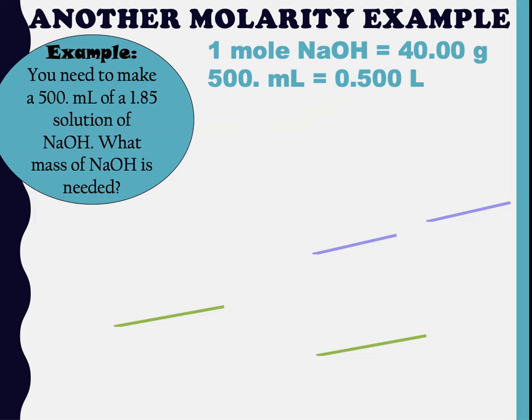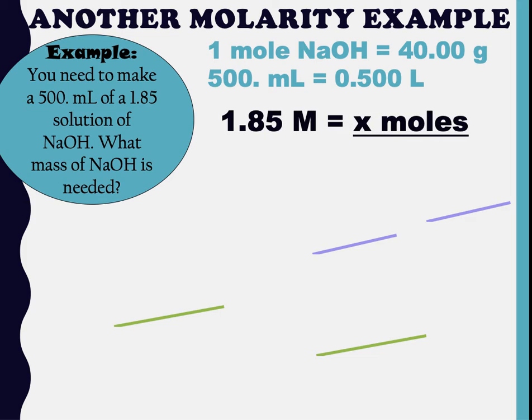There should be a capital M after the 1.85. Because we want to know mass, and the molarity equation only gives us moles, we know we're going to need the molar mass of sodium hydroxide. That's this 40 grams up here. Sodium plus oxygen plus hydrogen gives us our 40 grams.